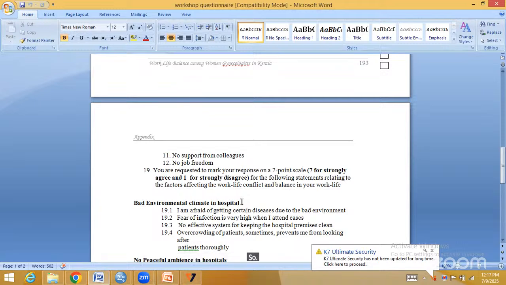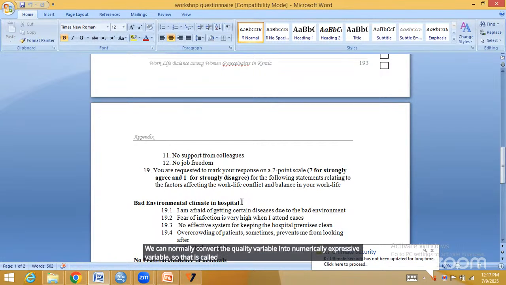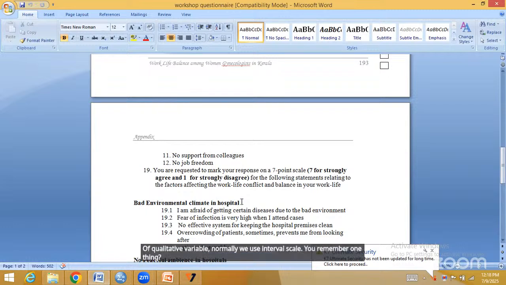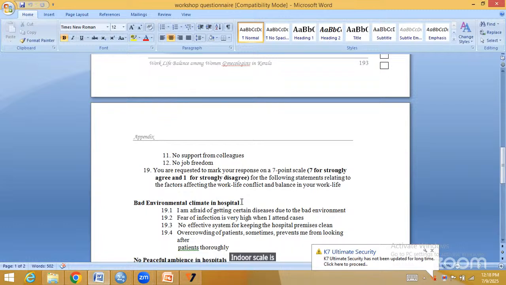So by fixing scores to different levels, we can convert the qualitative variable into a numerically expressed variable. That is called measurement. Remember one thing: interval scale is used for the measurement of a qualitative variable.